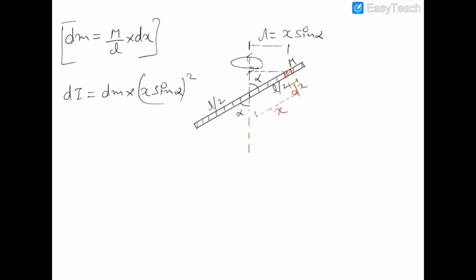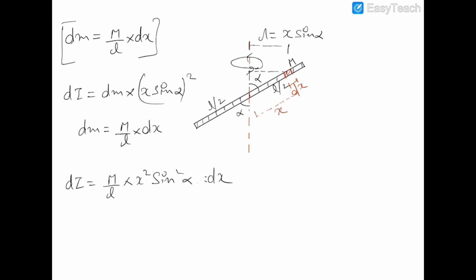So this is the moment of inertia of this small element. Now dm is equal to m by l into dx, and therefore dI is equal to m by l into x square into sine square alpha into dx.